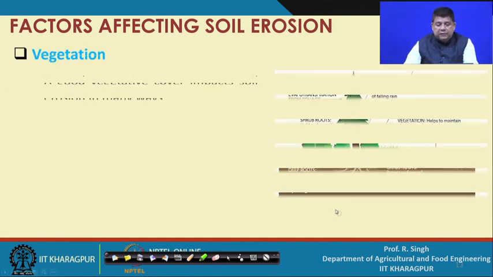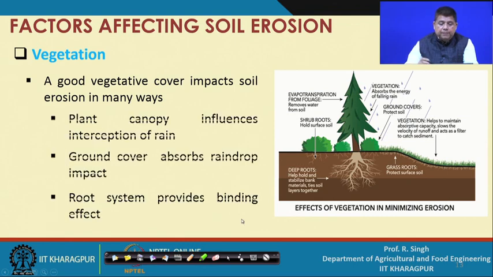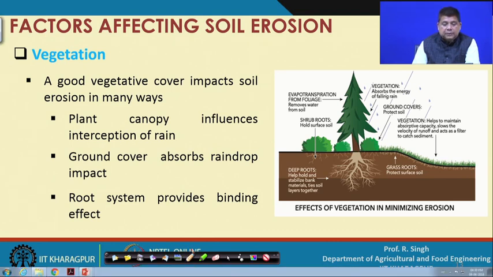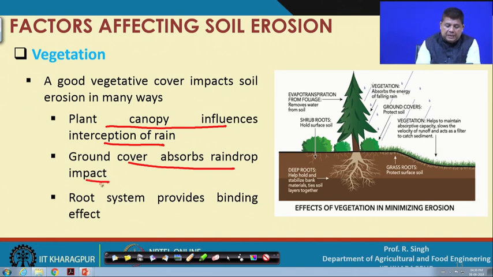Now, the next factor we are talking about is vegetation, and as we know, a good vegetative cover impacts soil erosion in many ways: plant canopies influence interception, which we have already seen, ground cover absorbs raindrop impact, and the root system provides binding effects.